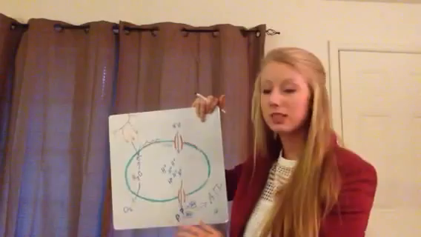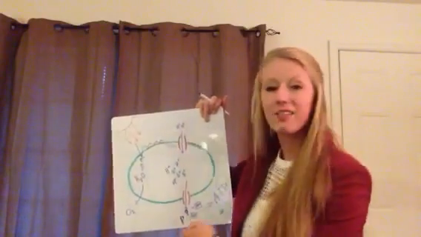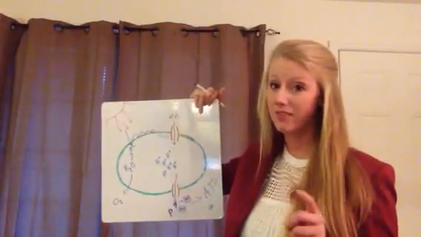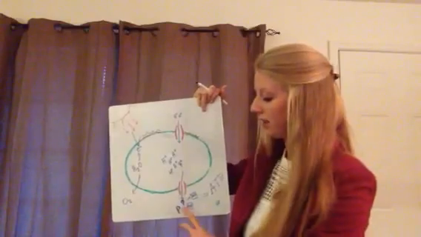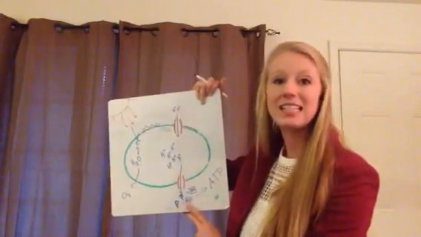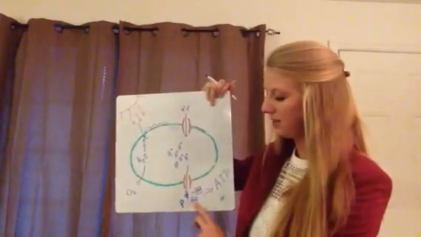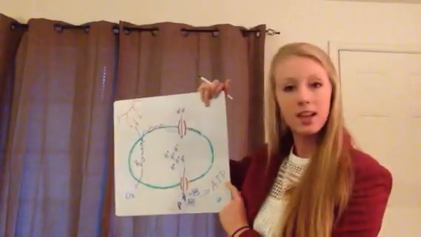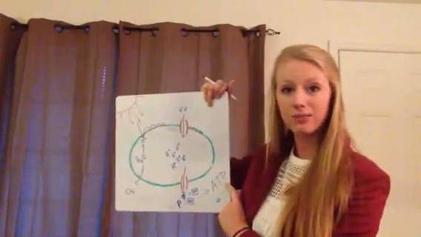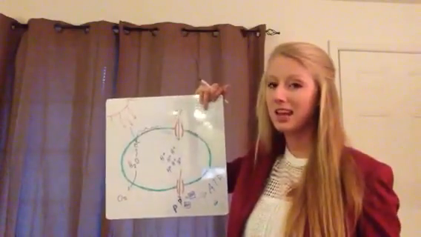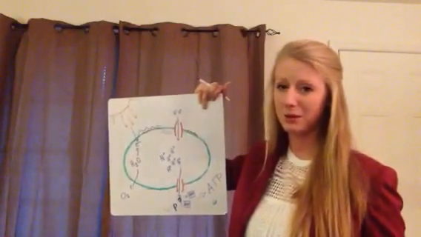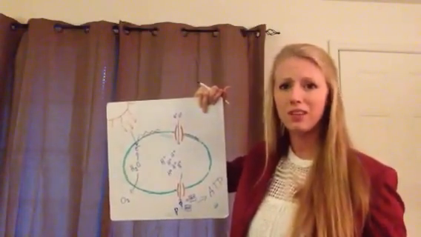Once they release out of the cell, that forces nearby phosphate to attach to adenosine diphosphate. So we're going to add a P to an ADP, and that gives us adenosine triphosphate. That ATP is going to carry on into another process of photosynthesis.